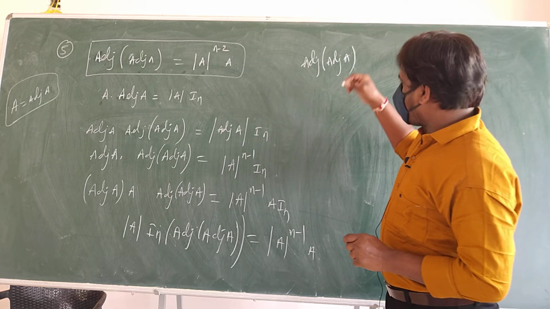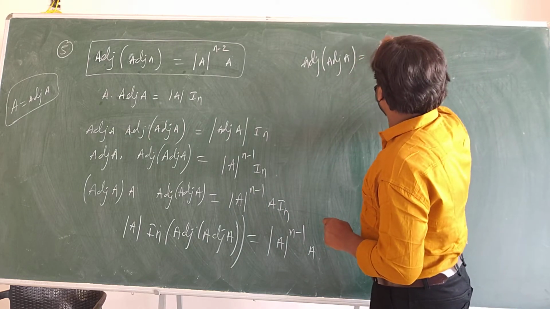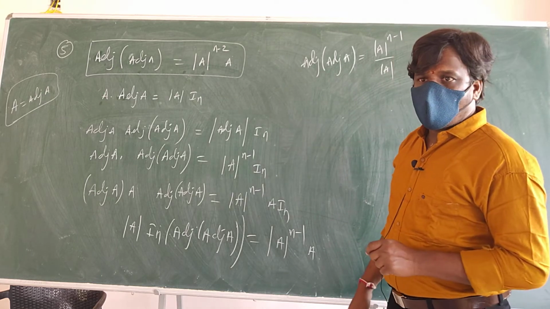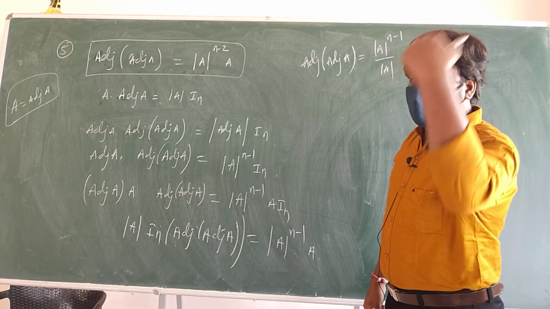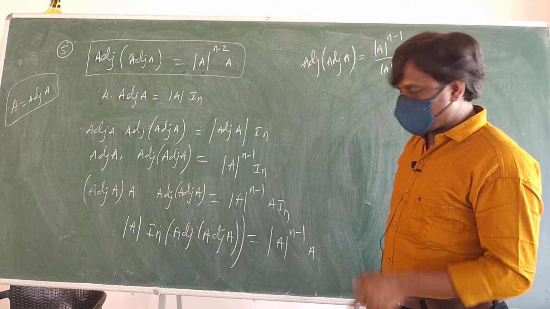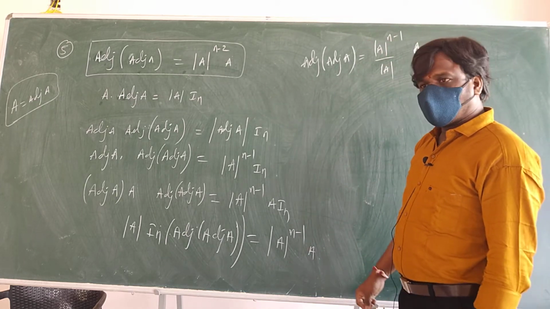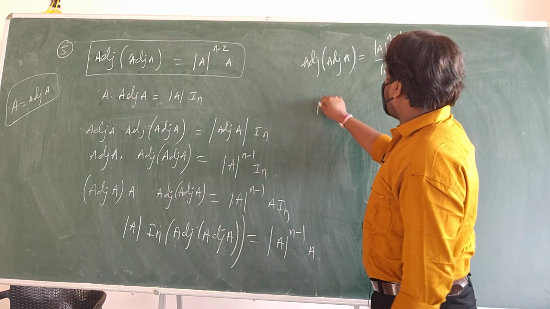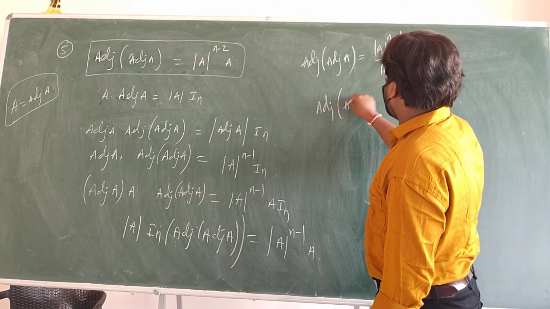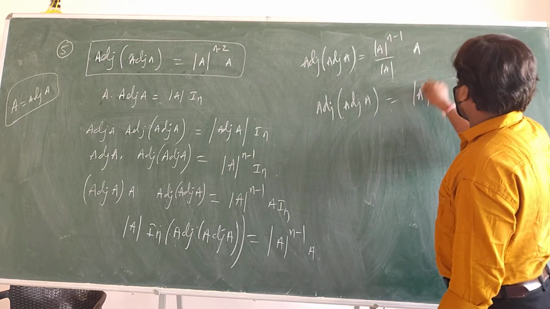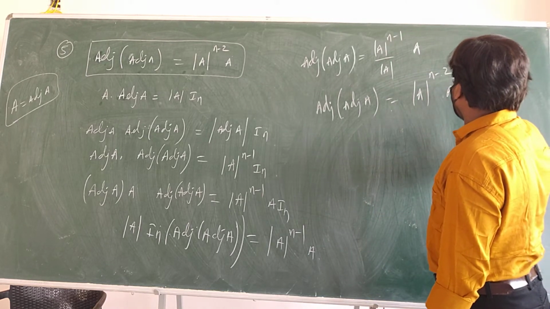So adjoint of adjoint A is equal to determinant of A whole power n minus 1 divided by determinant of A, which is a number, into A. So what I got is adjoint of adjoint A is equal to determinant of A to the power of n minus 2 into A, hence proved.